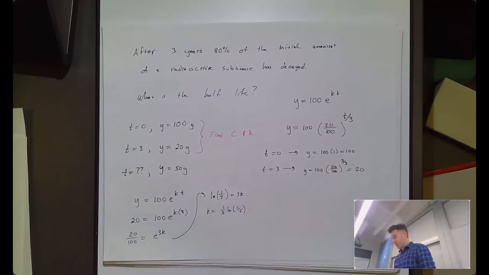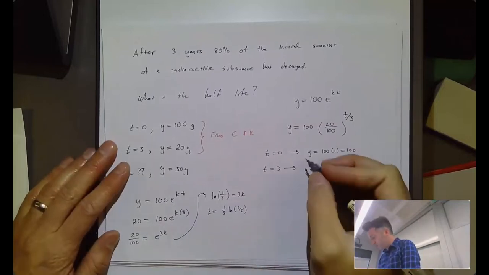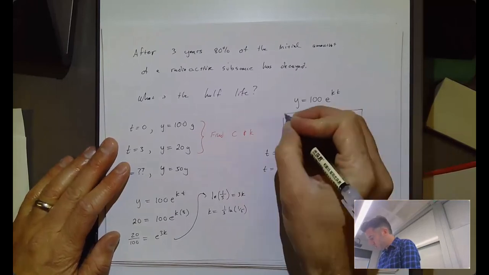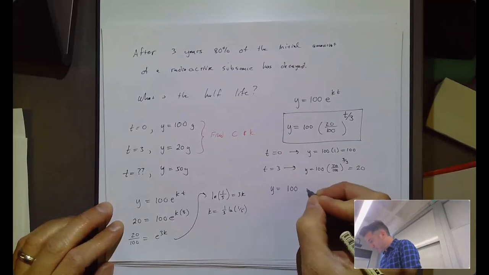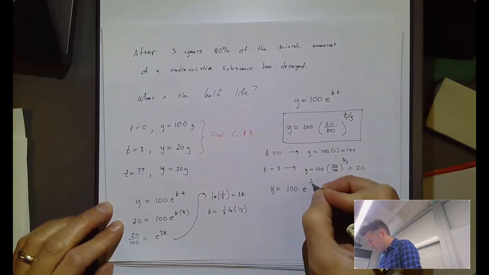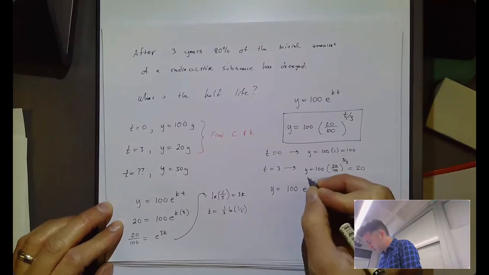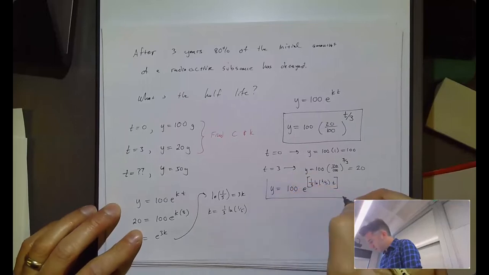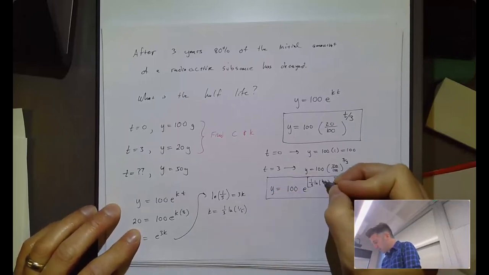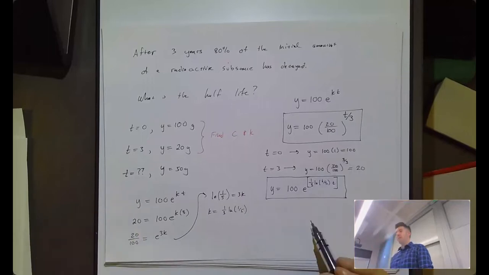And then plugging that back in to write our model is going to be y equal to c e to the kt. And what I really feel like I need to say here is that these are the same.